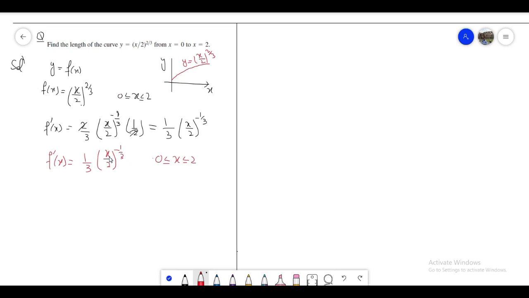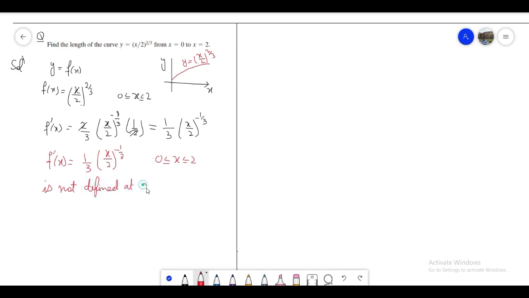From here it is clearly seen that if you substitute x is equal to 0 in this function, this is 0 by 2, which if you invert it with this power minus 1/3, f dash is not defined at x is equal to 0.